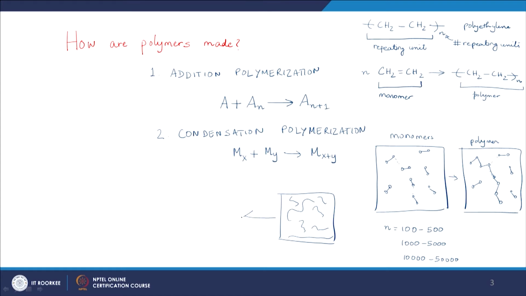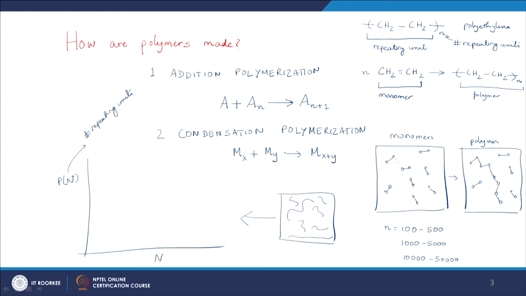Okay. So, if I refer to some sort of value like capital N that tells me the number of repeating units, and I can use the same kind of language for molecular weight as well.